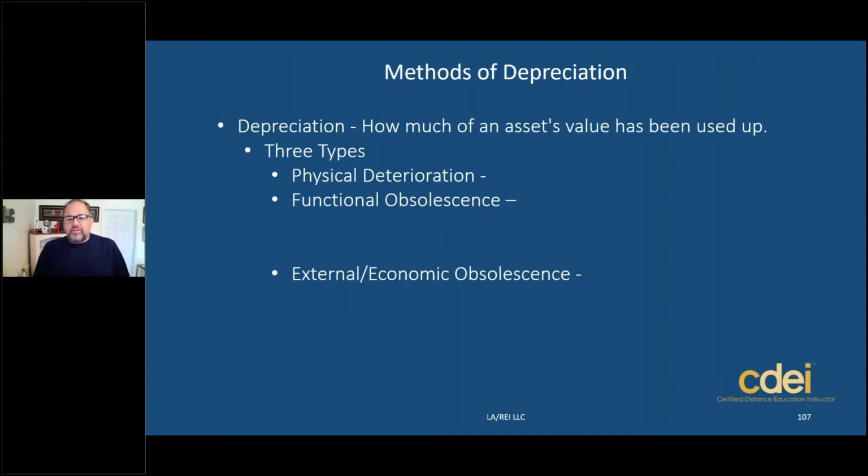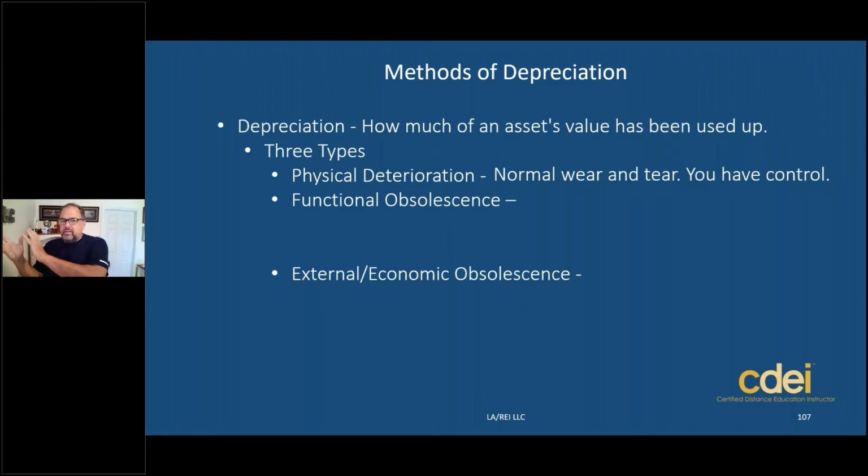Now, what is physical deterioration? This is normal wear and tear on the property. You, the property owner, have control over this. Like I said earlier, if it's 30 years on an economic life and you don't put any money back into the property, you may have dry rotted stuff inside.